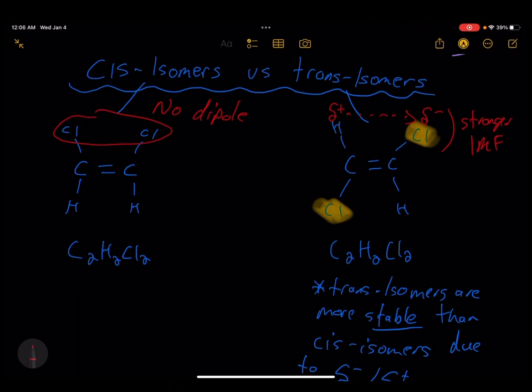And in the other case, where I have a bit of a crisscross, where on one end, at the top, you could say, of the double bonded carbons, I have a hydrogen and a chlorine, or a partial positive and a partial negative. And on the other side, I have a partial negative and a partial positive, so a bit of a crisscross. Then I have a trans isomer.